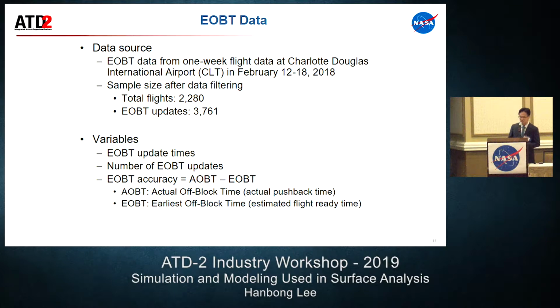And then to characterize the EOBT data patterns, we consider three major variables, which are the EOBT update time, the number of EOBT updates, and the EOBT accuracy, which is the difference between actual pushback time and estimated flight ready time. So from these three key variables, we can define when the EOBT data will be updated, how many times the EOBT will be updated, and how accurately airlines can predict their flight ready time.